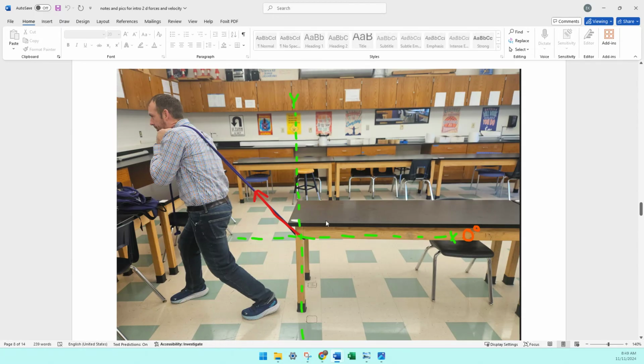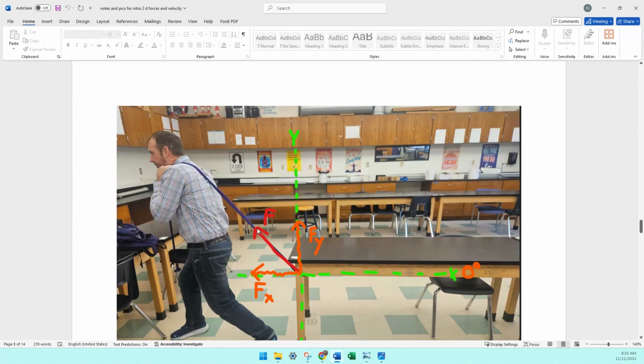And if we think about what's going on here, we'll label an x-axis here. We always want to call x-axis 0 degrees. We'll label a y-axis here. And we can see that there's a force being applied through this rope on this table right here. Now, if we go back to thinking about x and y components, we can actually find the x and the y component of this.